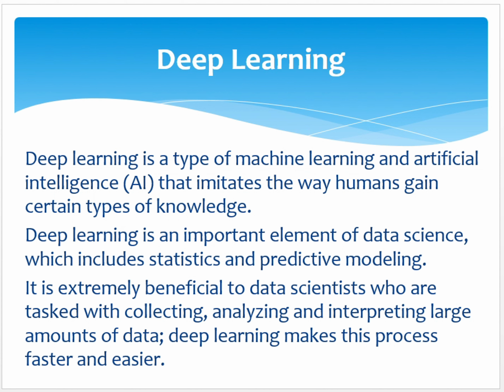It helps scientists who are tasked with collecting, analyzing, and interpreting large amounts of data. So deep learning will assist in going through this data and getting to learn more knowledge about a certain field.